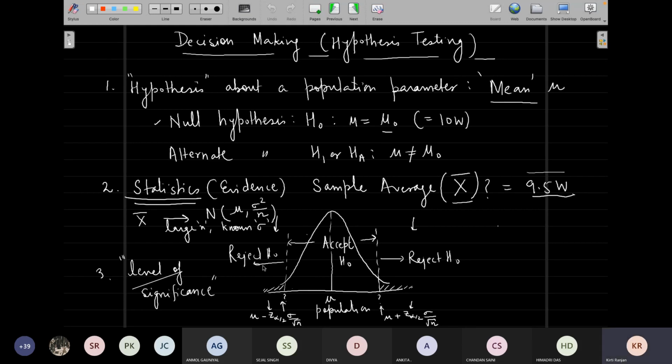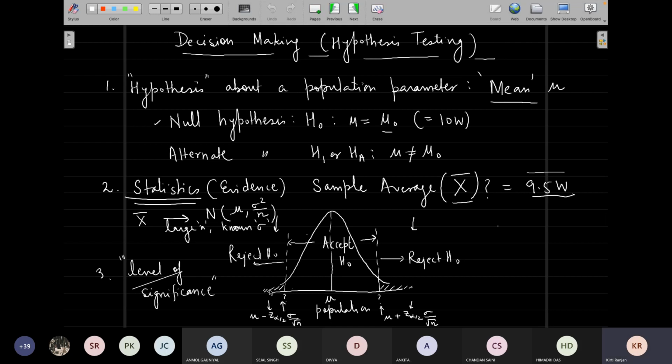However, if this X bar falls on left of mu minus Z alpha by 2 sigma over root n, and on the right of mu plus Z alpha by 2 sigma over root n, which is shown in the shaded region here, then we will say that we do not accept the hypothesis. We will not accept the claim, or in other words, we will reject the claim.